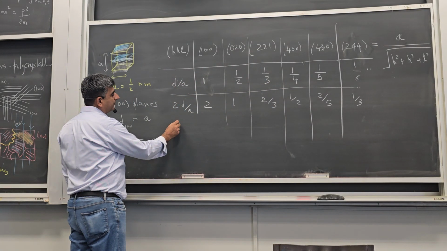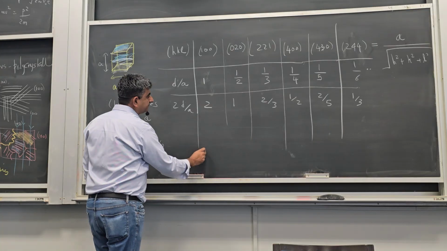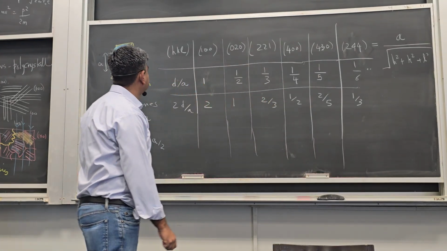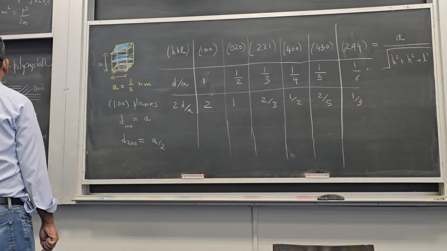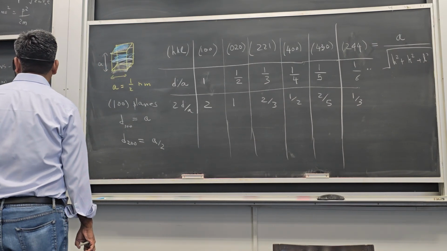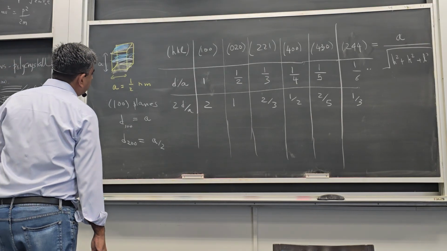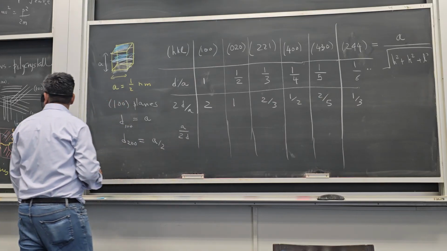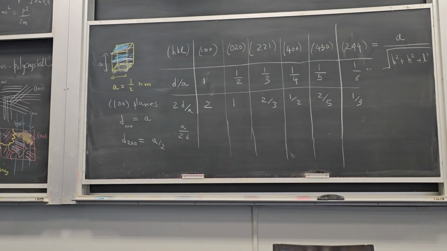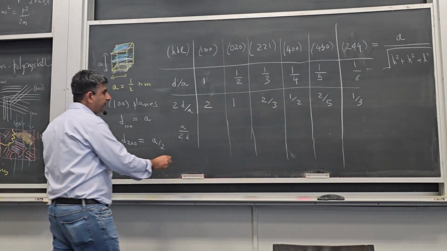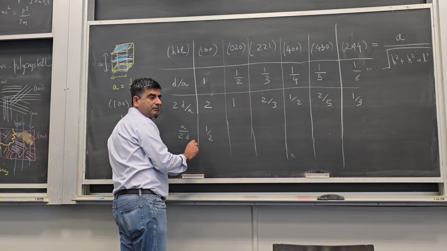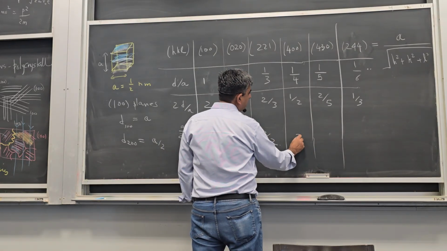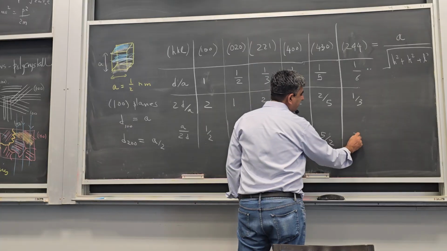Let's take the inverse of this, A over 2D, which is 1/2, 1, 3 by 2, 2, 5 by 2, 3, and so on, right?